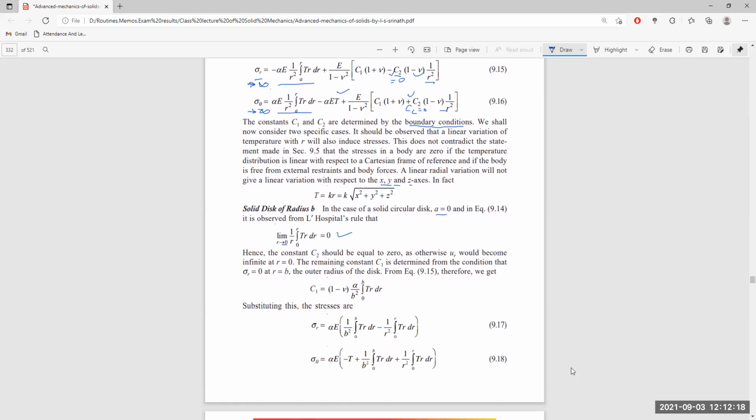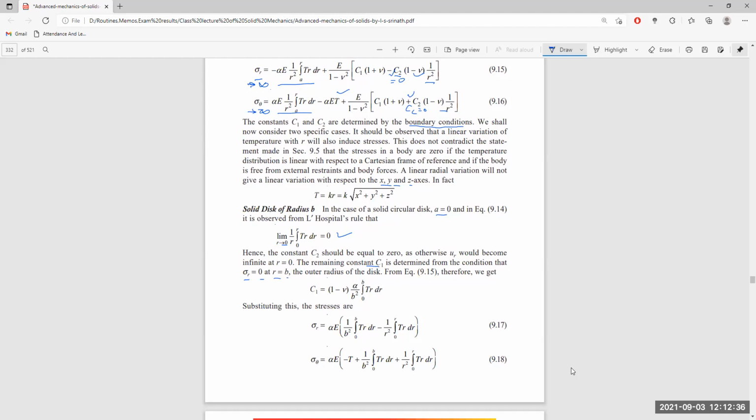Now, the remaining constant C1 is determined from the condition that sigma r is equal to 0 at r equal to b, the outer radius of the disk, where there is no stress existing.